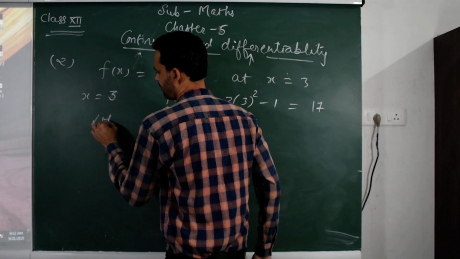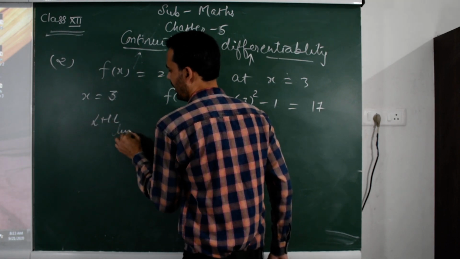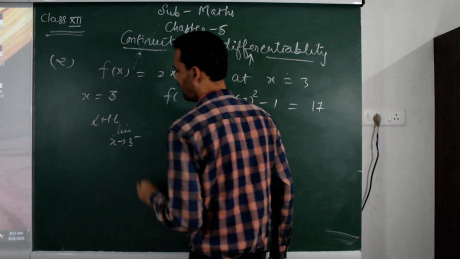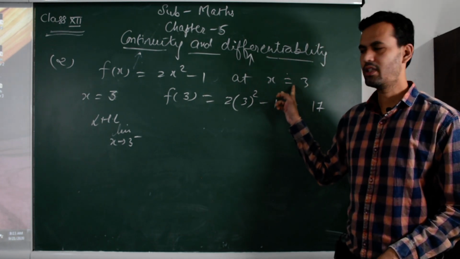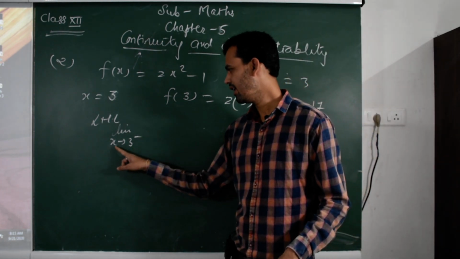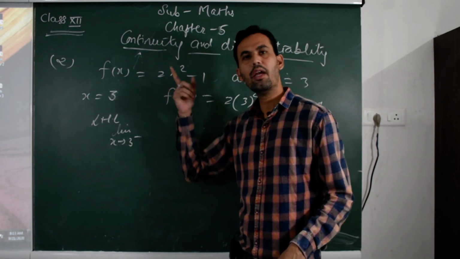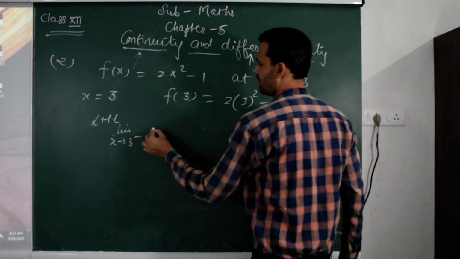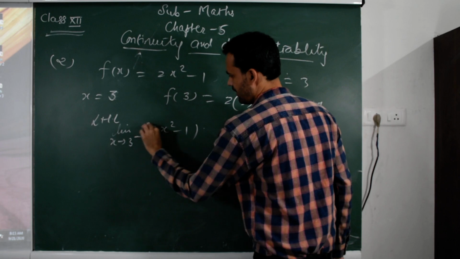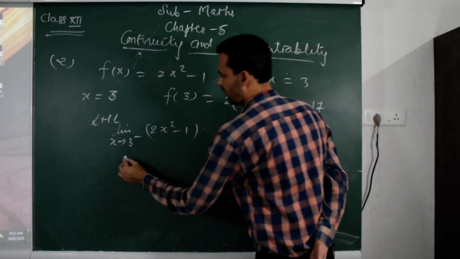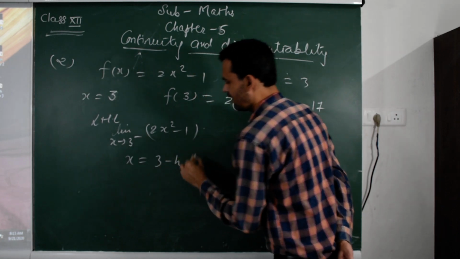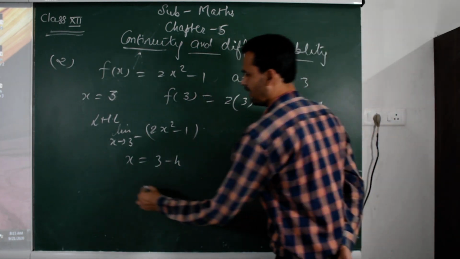Now LHL, left hand limit, limit x tends to 3 minus, and the function is 2x square minus 1. How much less than 3 is its value? Its value is 3 minus h.